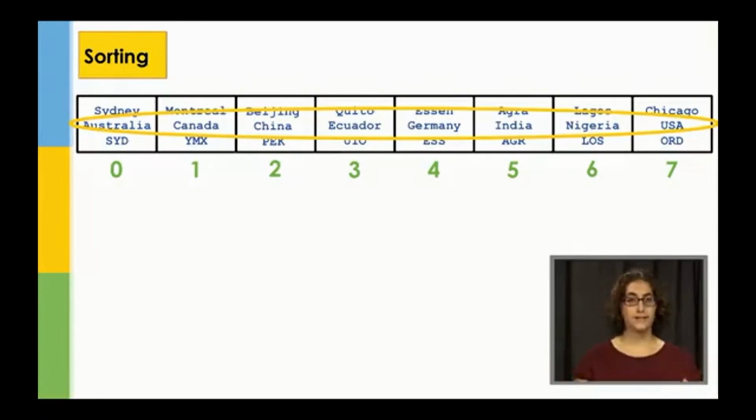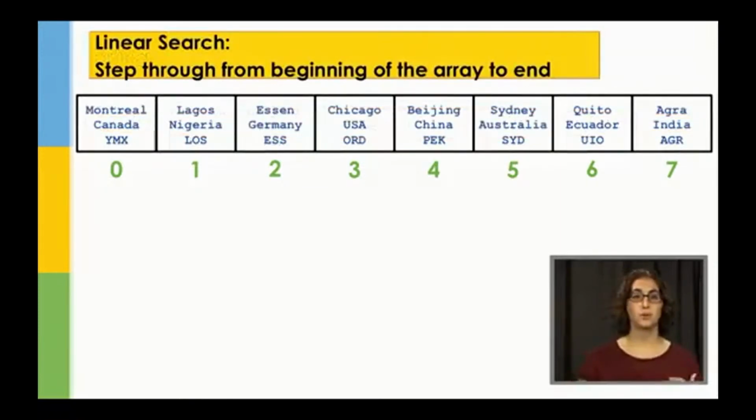Now, binary search, when Christine presented it, she showed you how it was absolutely necessary for the list to be organized in order for binary search to work at all. But before she talked about binary search, she already talked about linear search, which was this sort of simpler algorithm for looking through a collection of pieces of data to try to find one particular item.